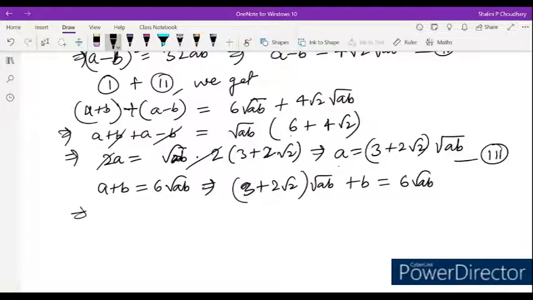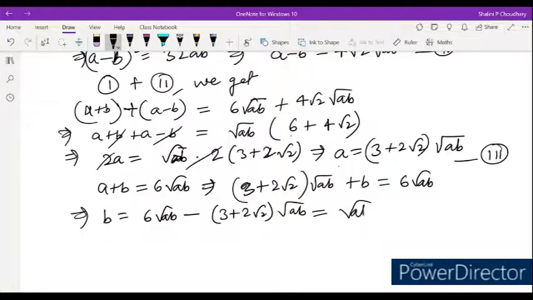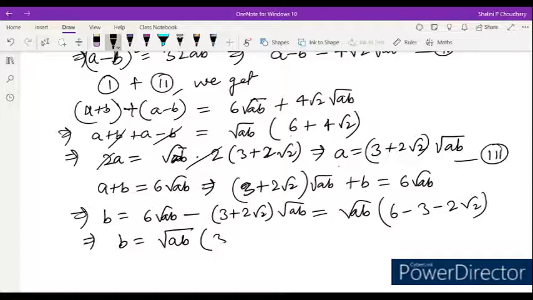Then B will be equal to 6 square root of AB minus 3 plus 2 root 2 square root of AB. Now we take square root of AB common, so 6 minus 3 minus 2 root 2. It means the value of B will be square root of AB into 3 minus 2 root 2, since 6 minus 3 is 3.